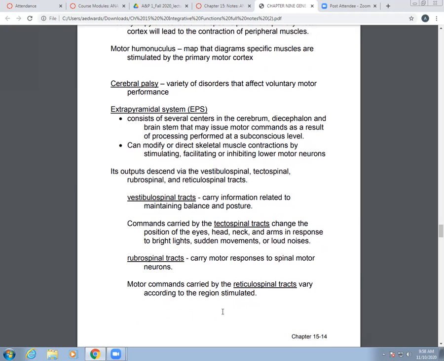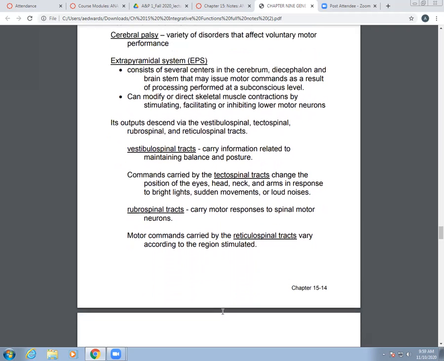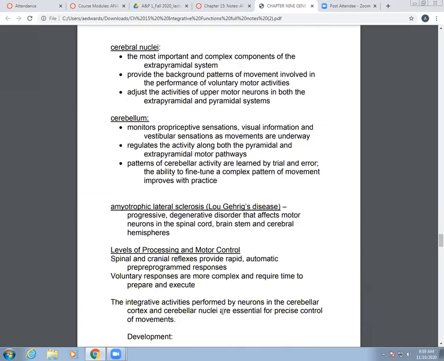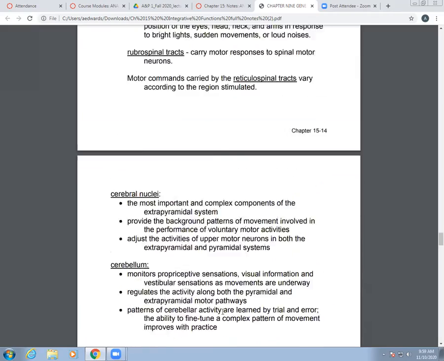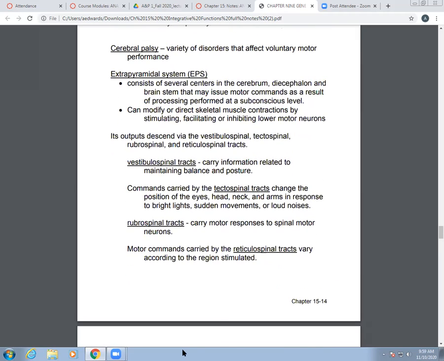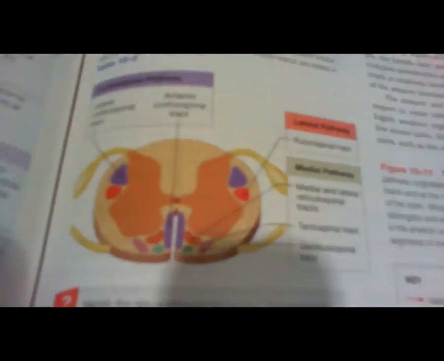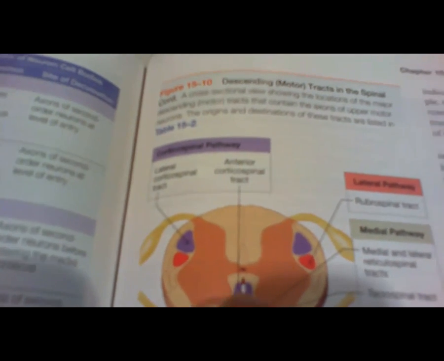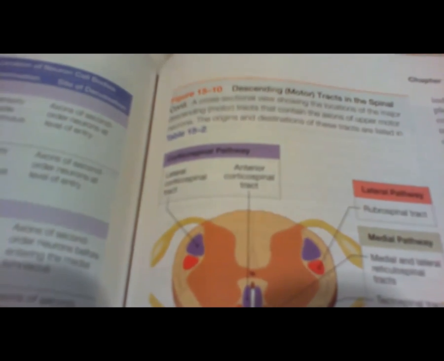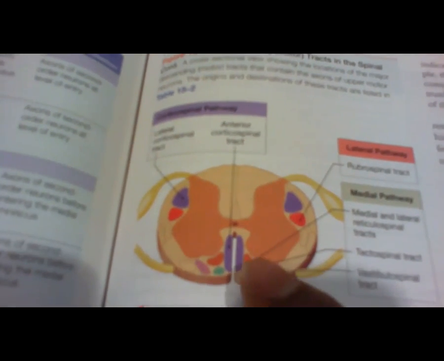All right, extrapyramidal system, or EPS. Actually, before we cover that, let's look at an image or a few images. On your spinal cord, you have, again, your corticospinal pathway, lateral and anterior, in purple.